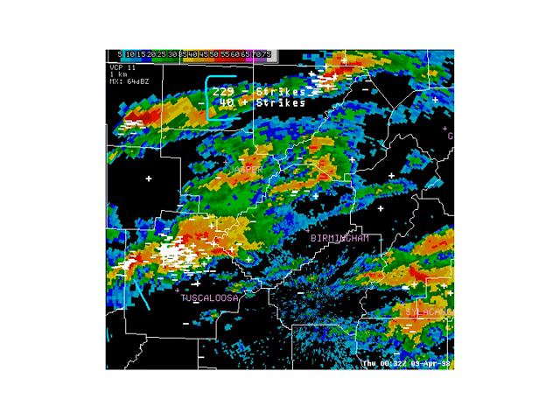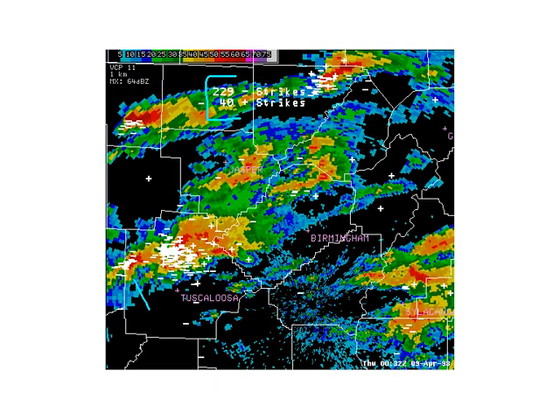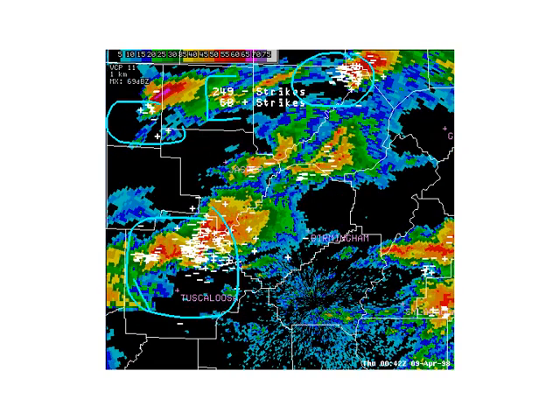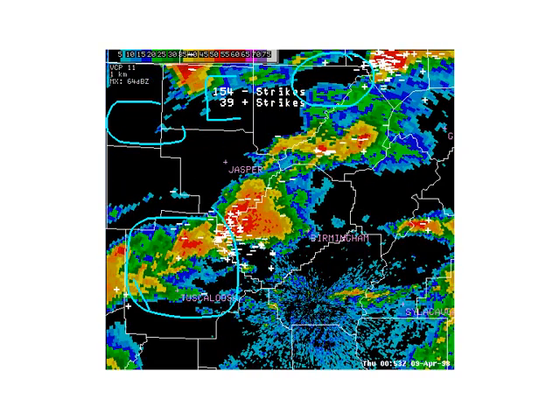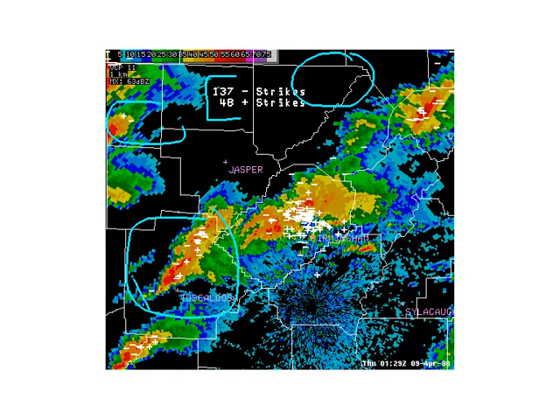Here we've got almost, and these by the way are 5-minute strike counts, so that's a lot of strikes. It's also picking up some storms up here to the north, but most of it is in this storm right here. And as we move along, you'll see the total flash count decreases and then begins to increase again as we get past Birmingham.